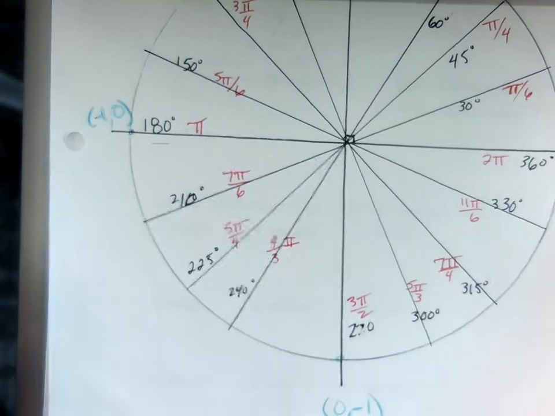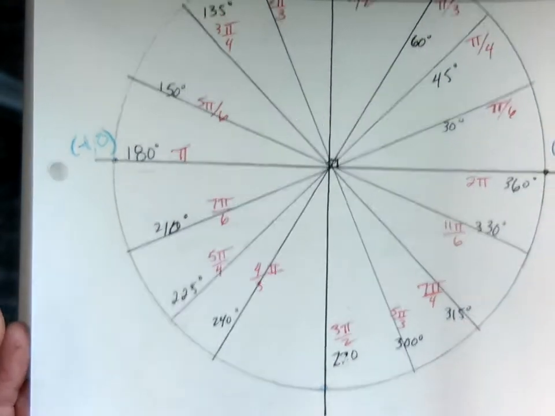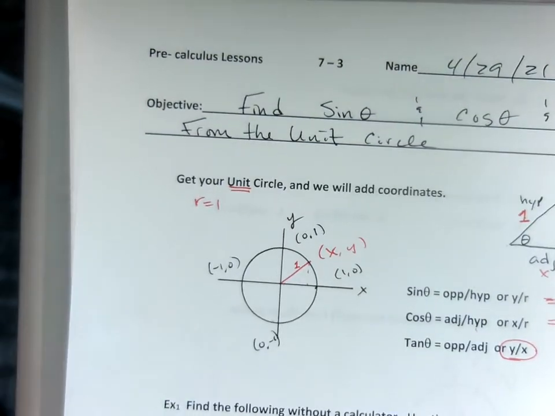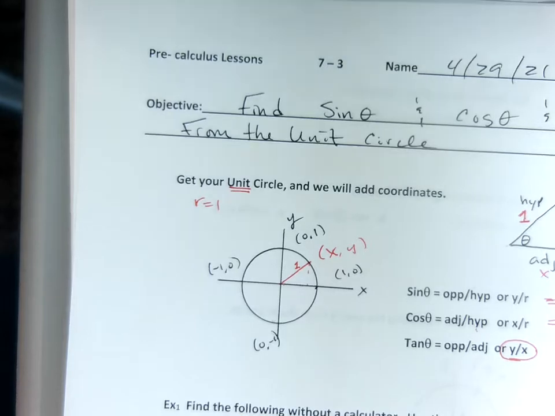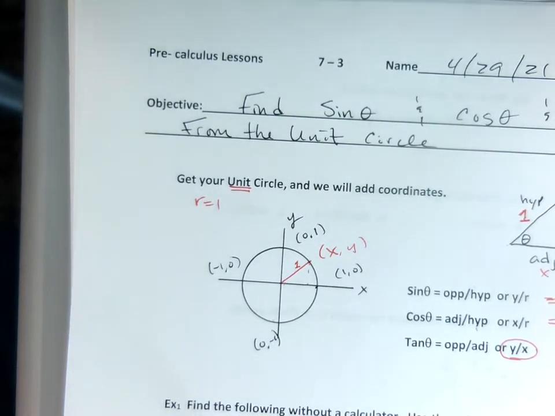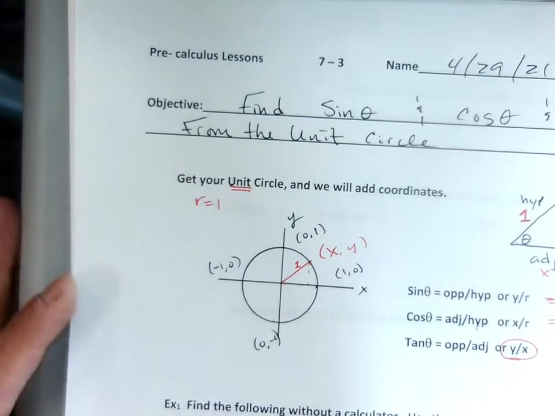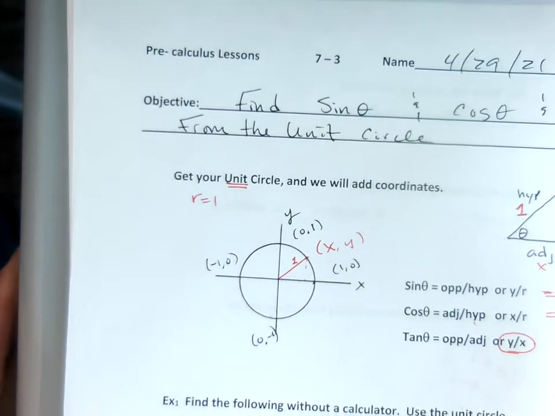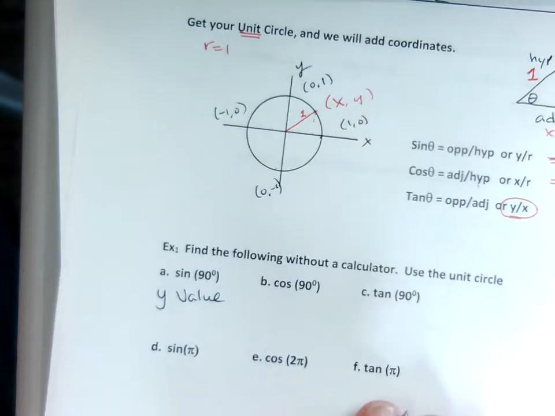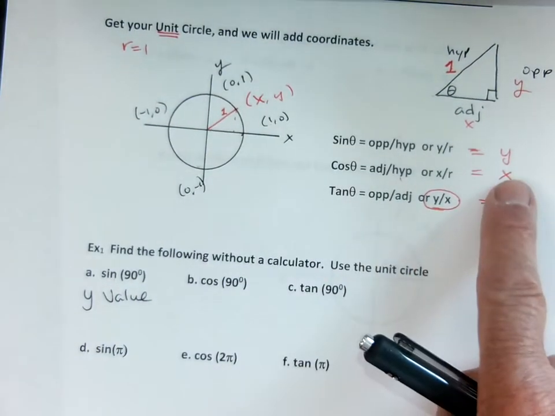So we can do trigonometry from the circle. We really can. So for instance, you got your circle in front of you, right? Sine of 90 degrees. Now let's think about this. Sine is the y value. That's what we said, that the sine is the y value, okay?